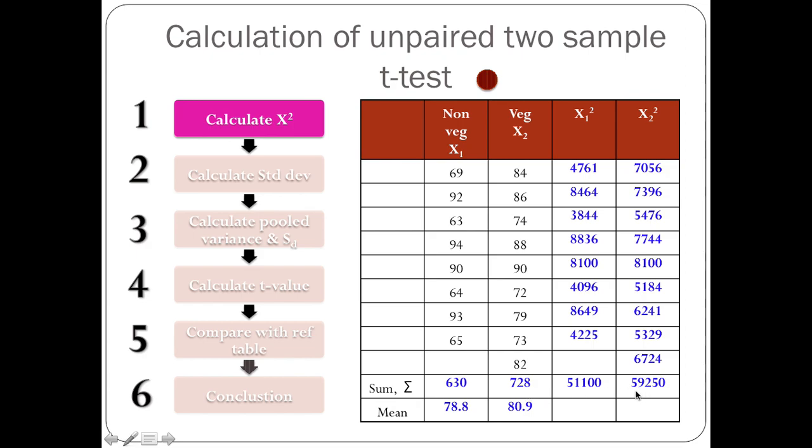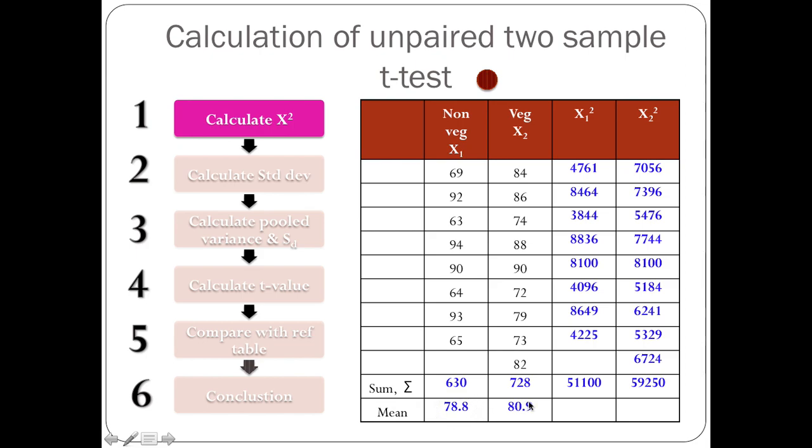Calculate all the sum and the mean. So how do you get the mean of this one? It is the sum, which is 630, divided by how many? What is the sample size here? 8. Okay, so therefore you get 78.8.